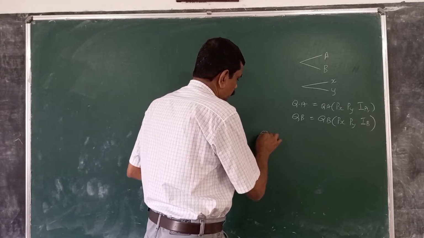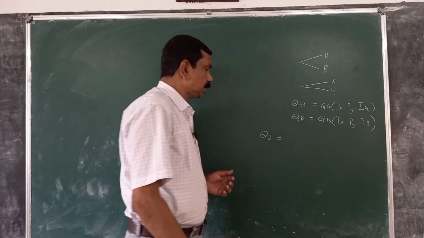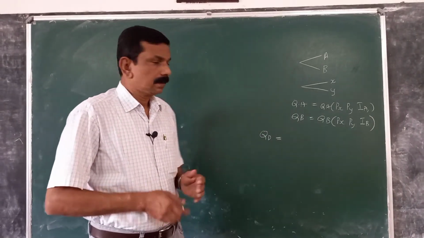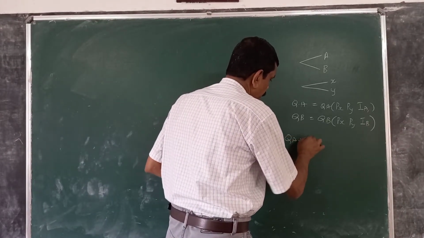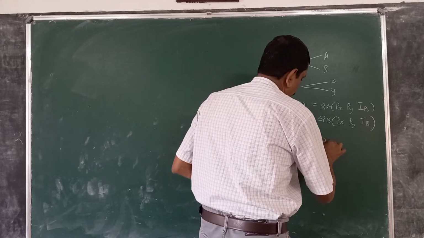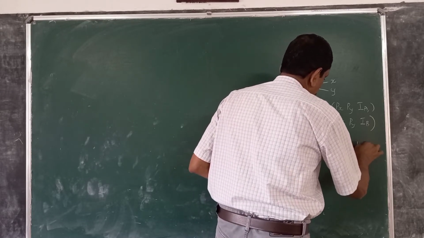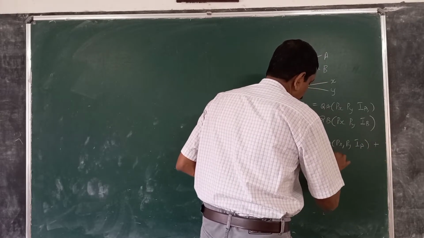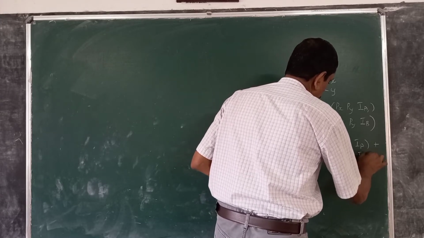Then quantity demanded, that is aggregate demand, is equal to QA plus QB, which is equal to QA(Px, Py, IA) plus QB(Px, Py, IB).